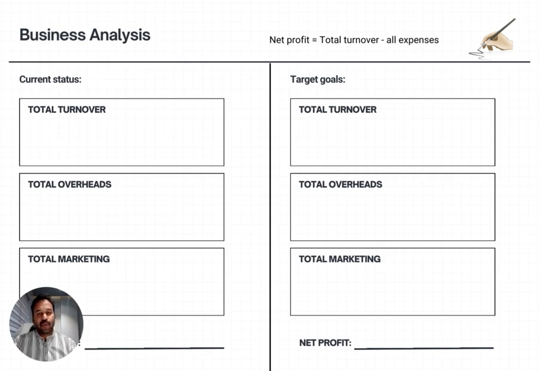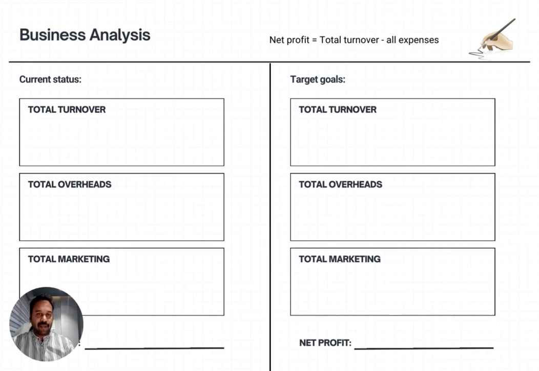Next, you need to analyze your present business and future business after using this planner. Whatever business goals I'm teaching you, you must implement them and analyze them against your past. Right. So write down your present turnover, what overheads you have right now, and what your total marketing expense is.